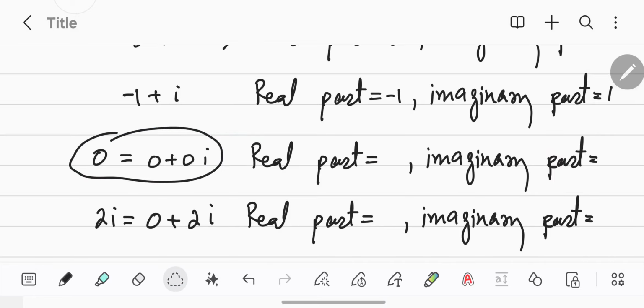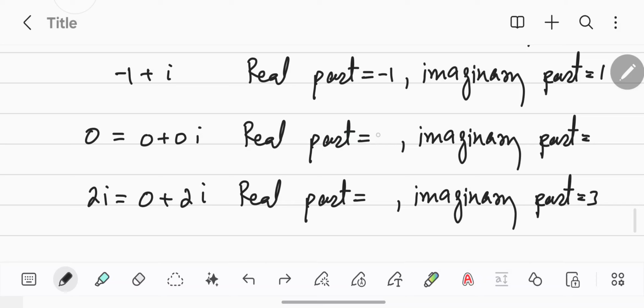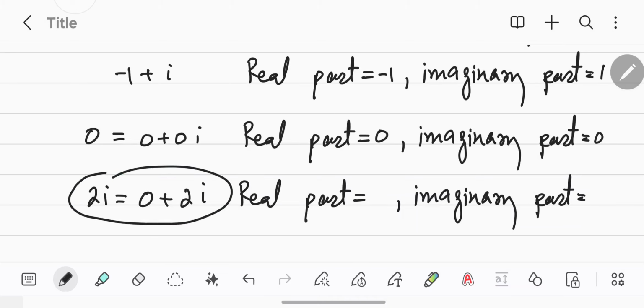For this number, the real part is 0 and the imaginary part is also 0. And for this number, the real part is 0 and the imaginary part is 2. Make sense? Okay.